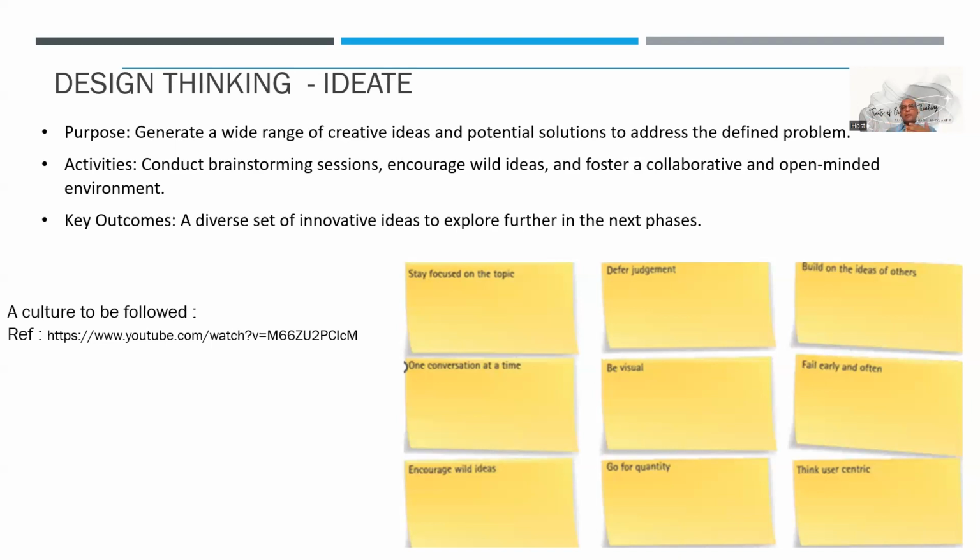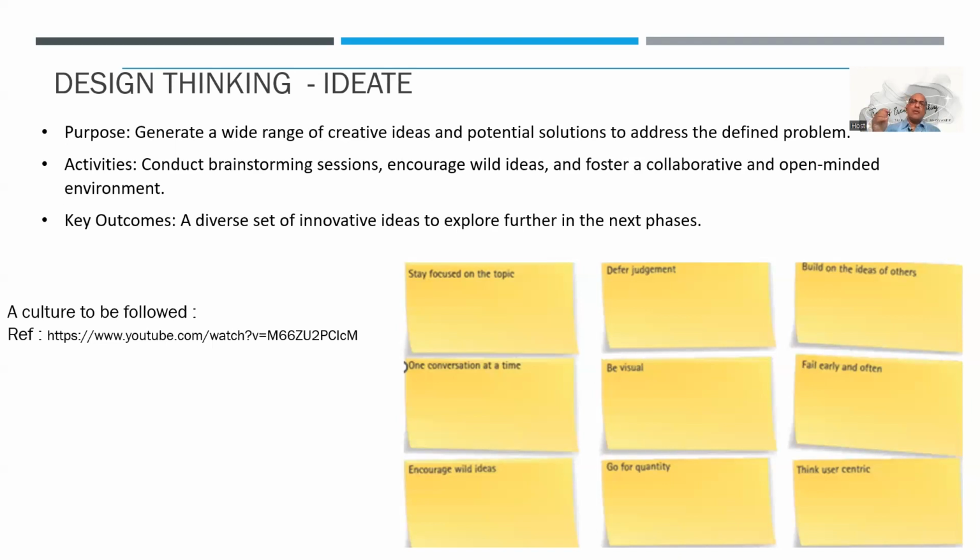Everyone is supposed to be cooperative so as to add ideas on top of Pete's idea, adding more feather to the idea shared by one of the colleagues. Conversation should happen one at a time. If someone is speaking, others are supposed to have a keen ear towards it.